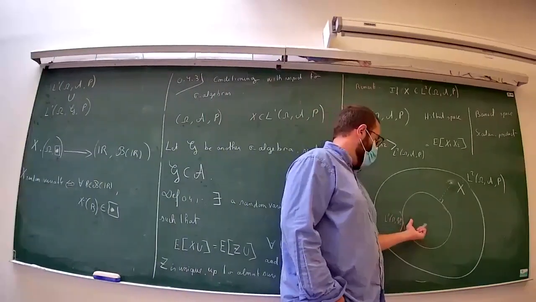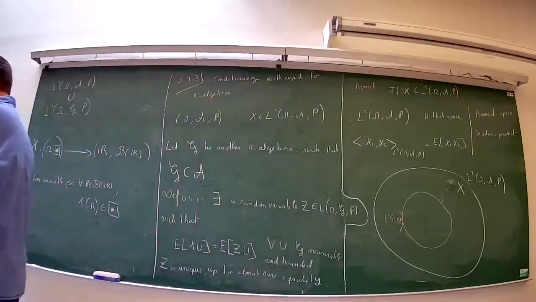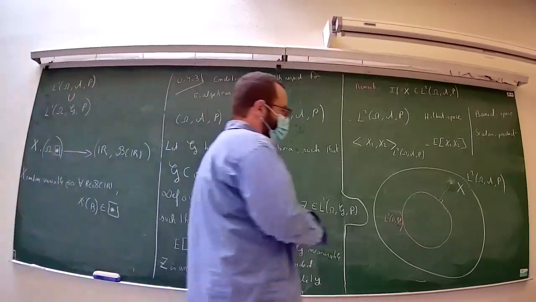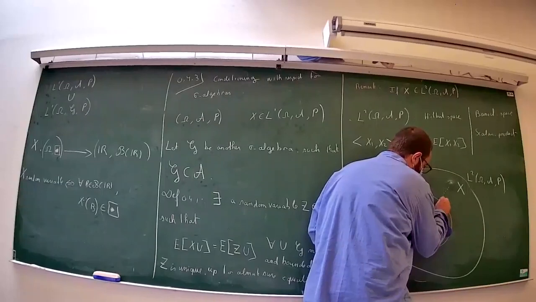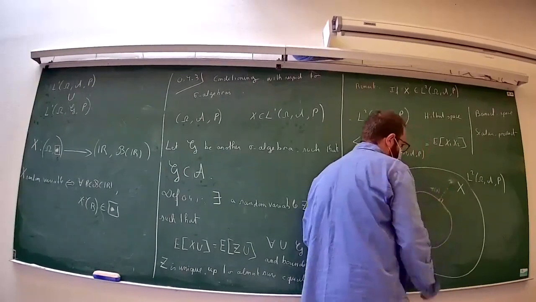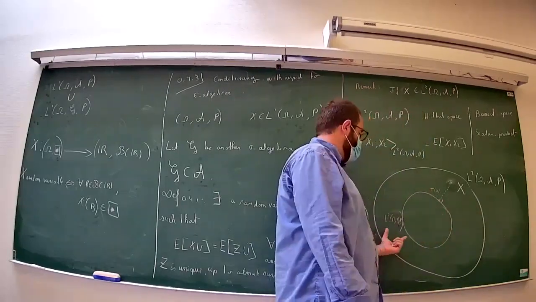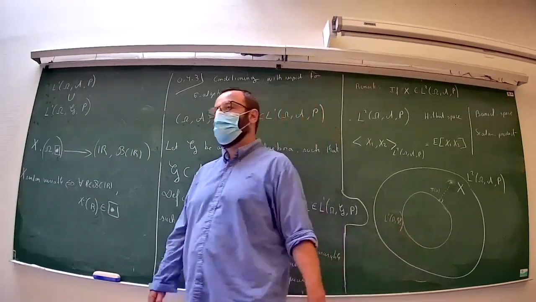This one is closed and convex. So why do I do this? I do my orthogonal projection and I define a new point here that is pi of X. That is the projection of capital X on the set of the square integrable random variables with respect to omega G.